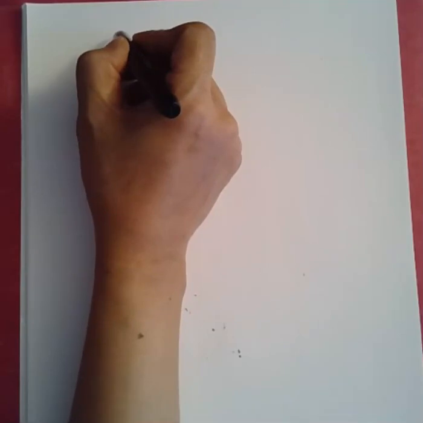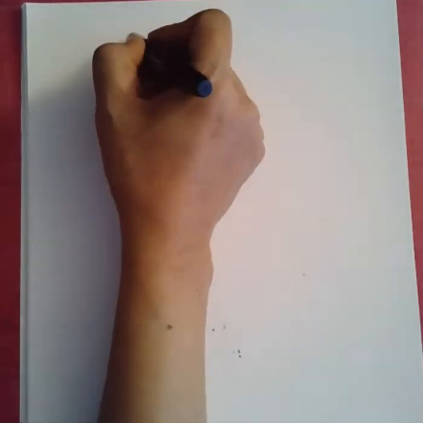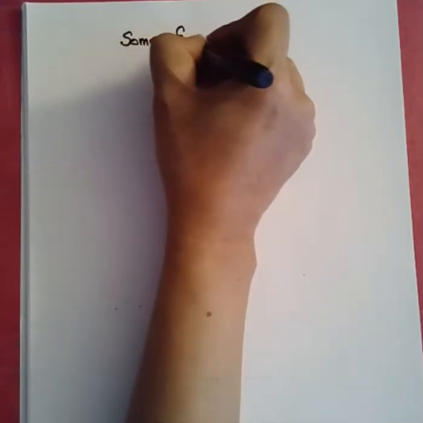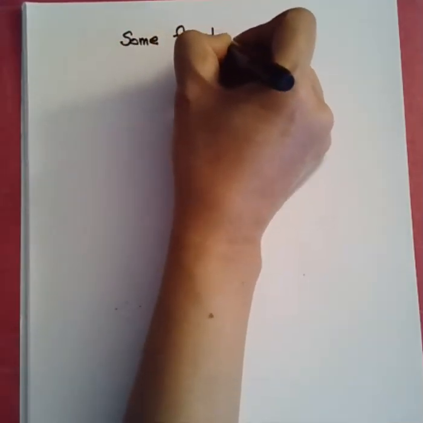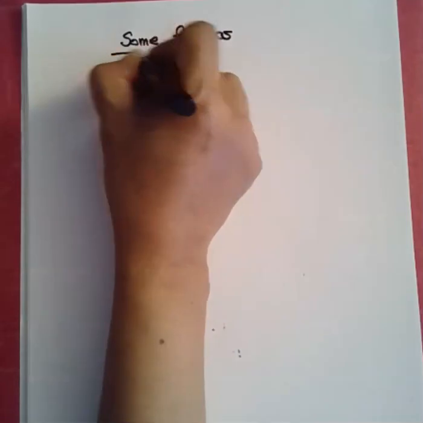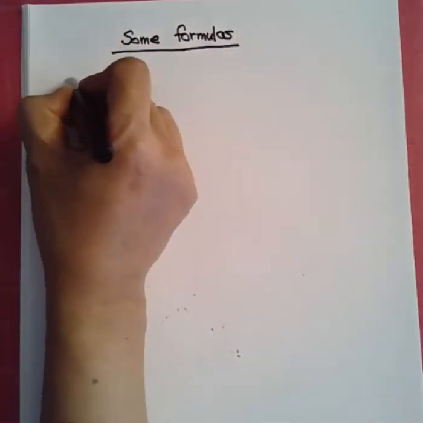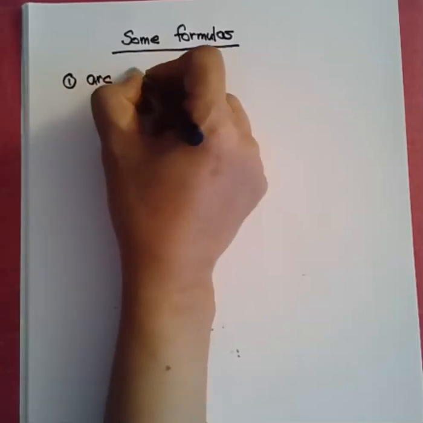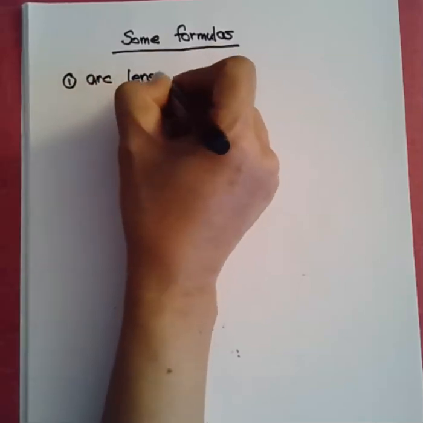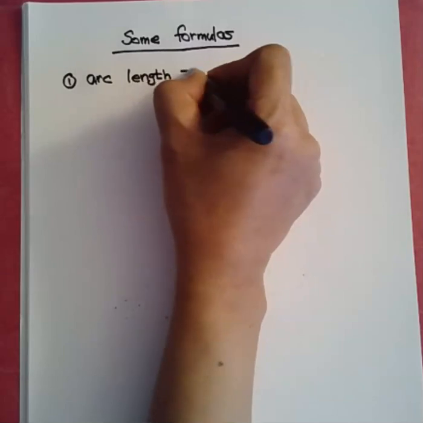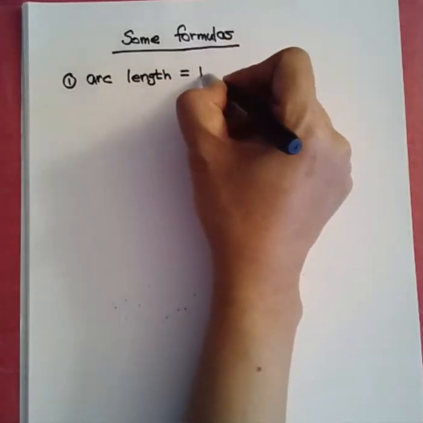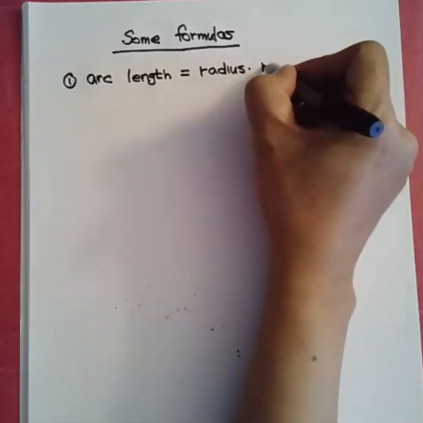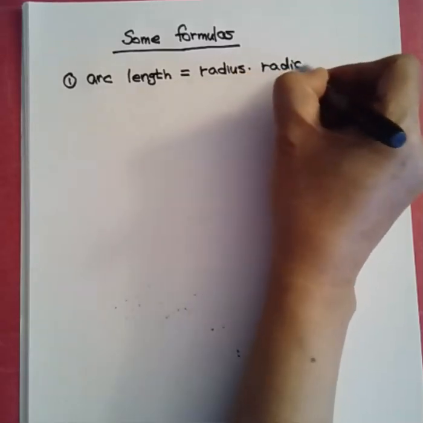There are some formulas which you have to remember. The first one is about arc length formula. Arc length formula is given as radius times radian angle.